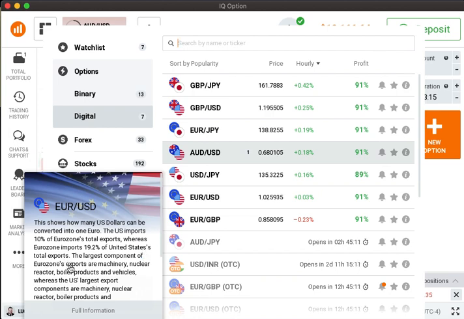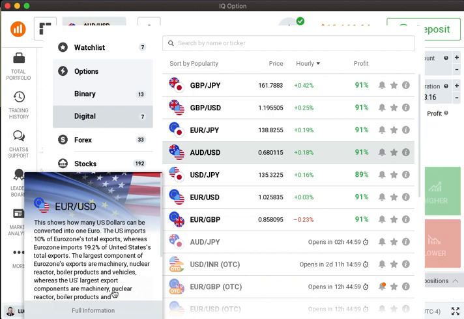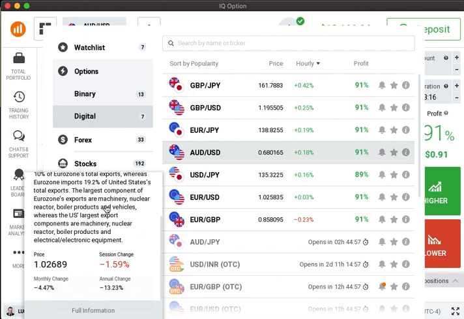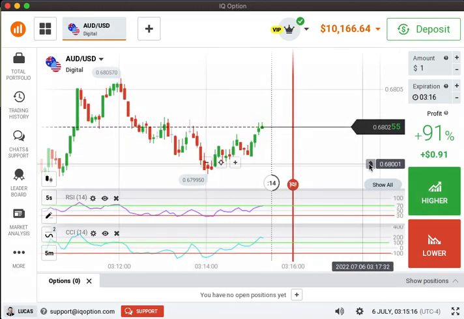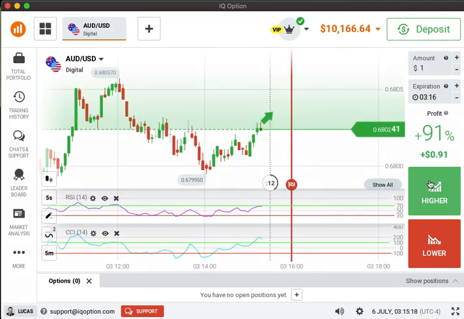The largest components of Eurozone's exports are machinery, nuclear reactor, boiler products, and vehicles, whereas the U.S. largest exports components are machinery, nuclear reactor, boiler products, and electrical components. Right? So whatever. It's just exports. It's just comparing exports and the US dollar today. So you're basically doing modern day trade.